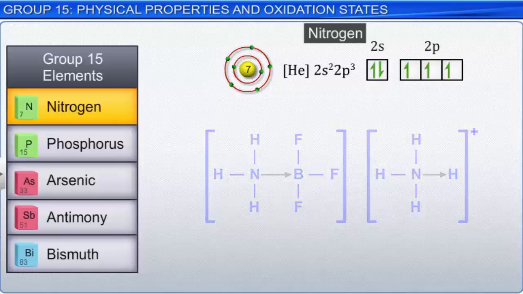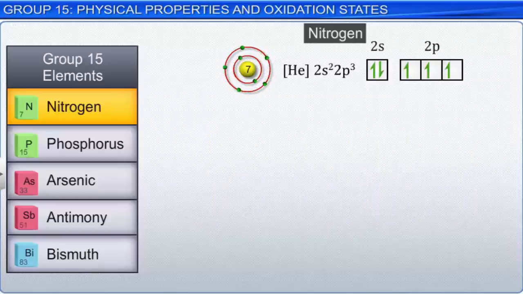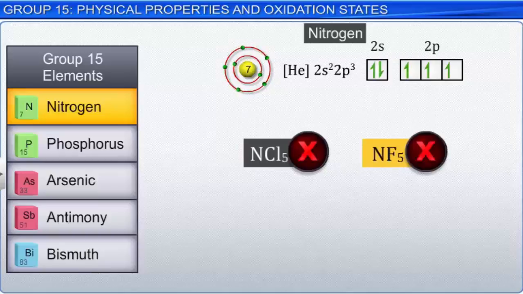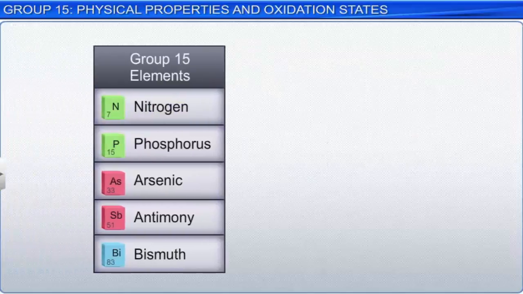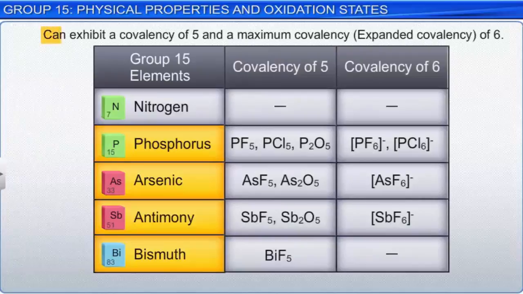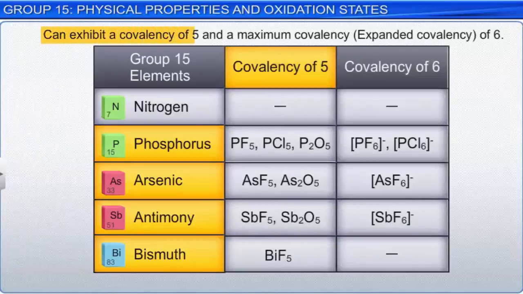For the same reason, it doesn't form pentahalides like NCl5 or NF5. However, phosphorus and the remaining elements can exhibit a covalency of 5 and a maximum covalency, also called expanded covalency, of 6.